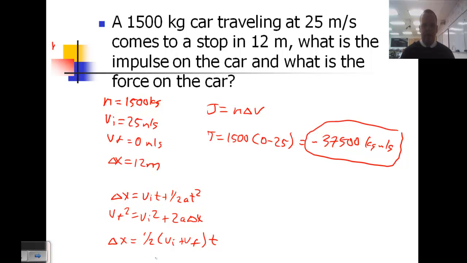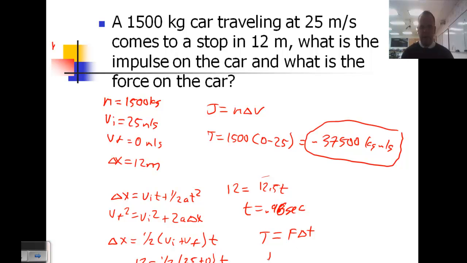Delta x equals half times vi plus vf times t. So 12 equals half times 25 plus 0 times t. So we get 12 equals 12.5 t, 0.96 seconds for t.